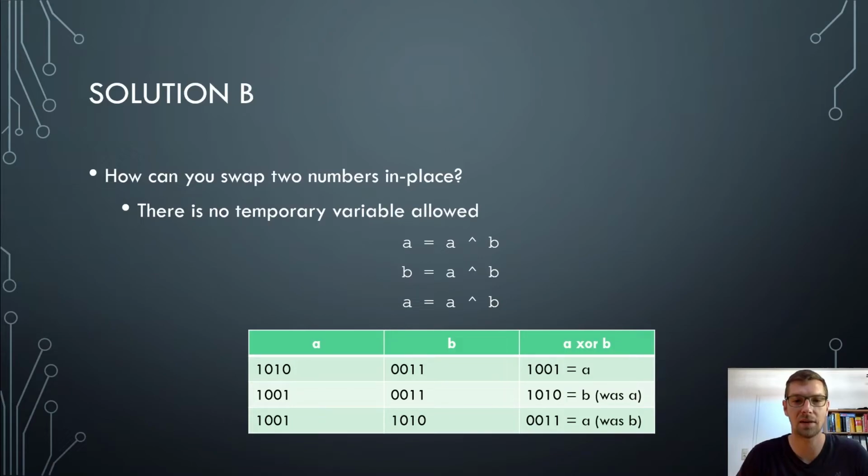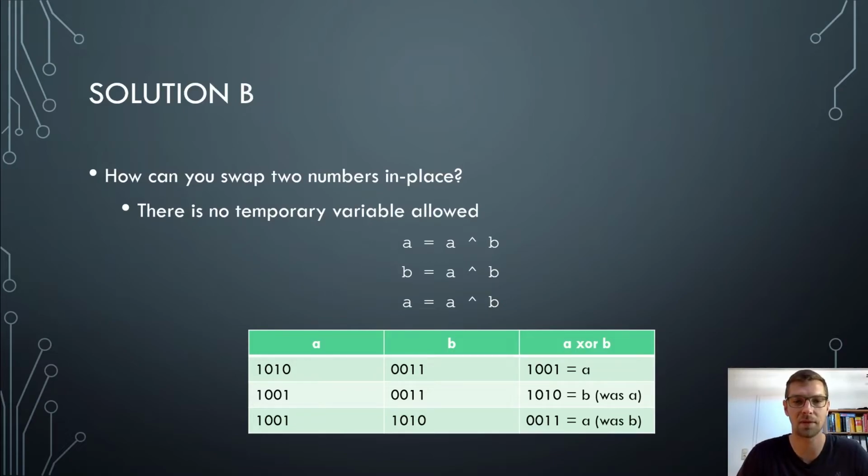Now we can take our new a and do that with XOR b, so we get the new b, which was the old a. And then we take this b, remove our old a and do this with XOR b again, and we get then our old a, our old b value.